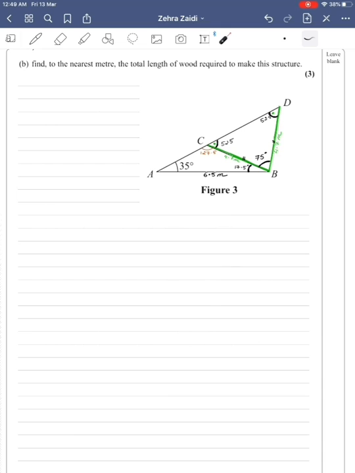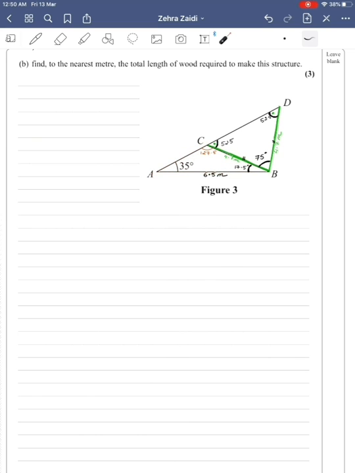Question 7b. Find to the nearest meter the total length of the wood required to make the structure. We have almost all the lengths here except the length AC and the length CD. Alright, let us look at the triangle that contains the length AC. It's the triangle ACB.